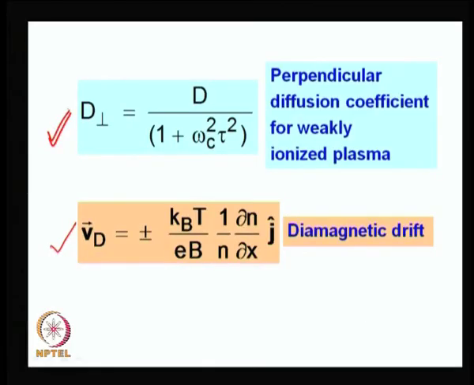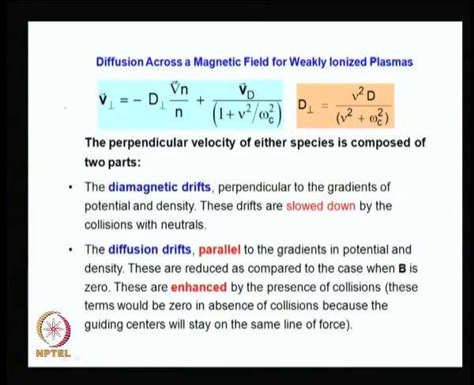So, we have found a diffusion coefficient for magnetized weakly ionized plasmas as D upon 1 plus omega c square tau square. You can see that it depends on the collision frequency, because you have tau here or 1 upon nu square, and also on omega c square.